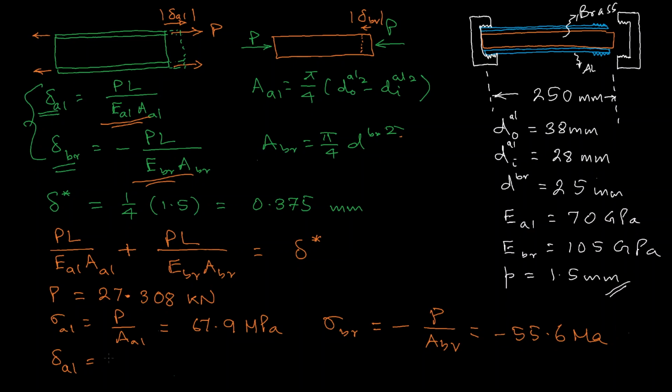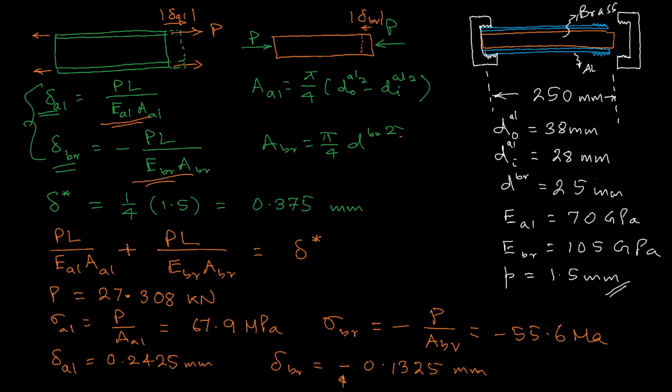This will be 0.2425 millimeter, and delta of the brass rod will come out to be minus 0.1325 millimeter. This minus sign tells us that it's a compressive force, meaning compression. Okay, so this is how you should calculate.